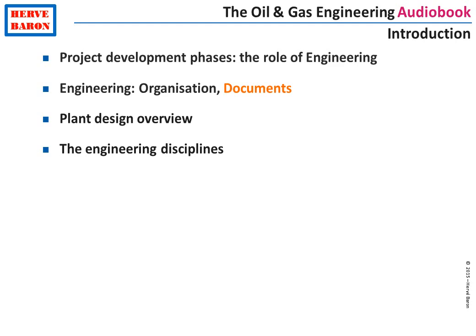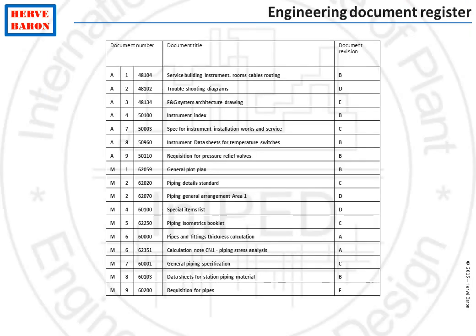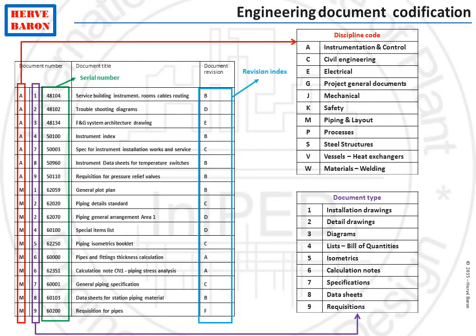This means that engineering issues an awful lot of documents. How to get oriented in this huge bunch of documents? Well, each document has a document number, which shows which is the issuing discipline, what type of document this is, the serial number, the title, and the revision, because engineering documents undergo revisions as the design progresses.